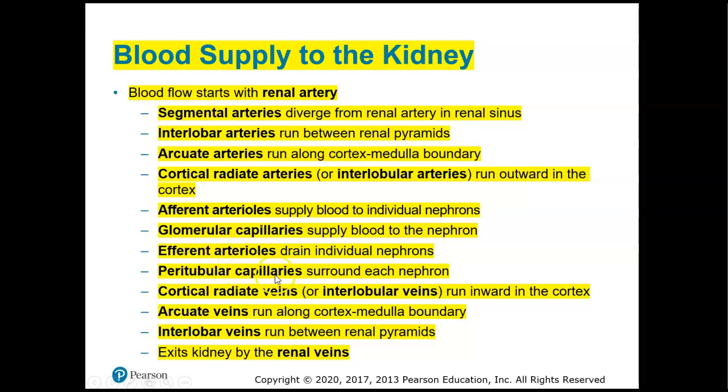Then you have the peritubular capillaries that surround the nephrons. Now the blood is going to empty into the cortical radiate veins, the arcuate veins, interlobar veins, and then finally the renal veins.